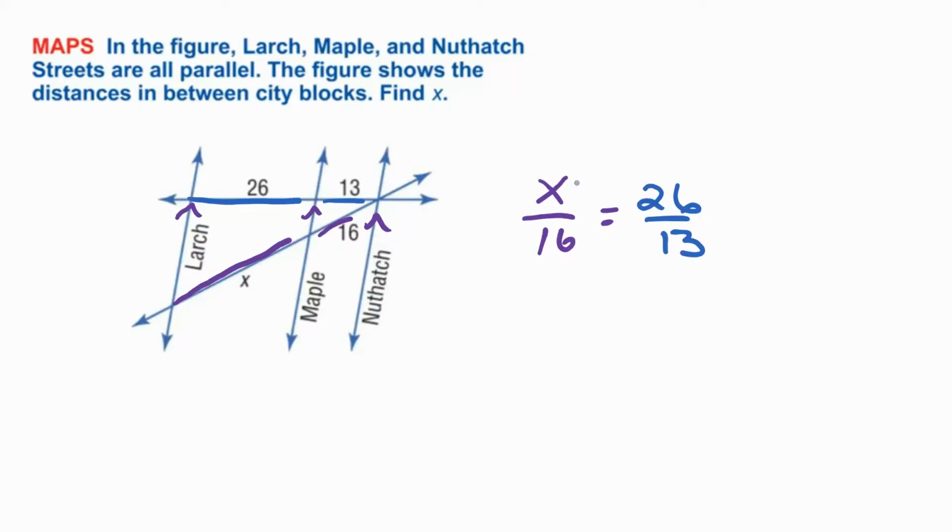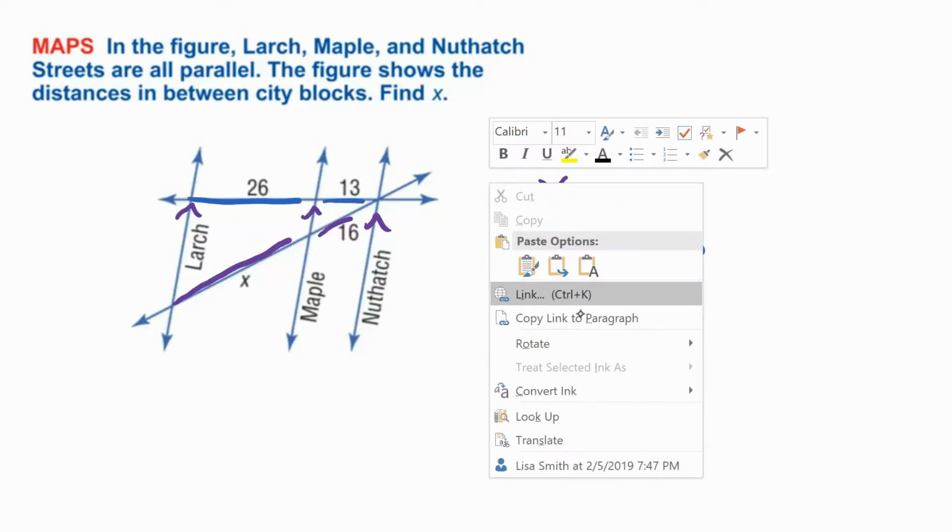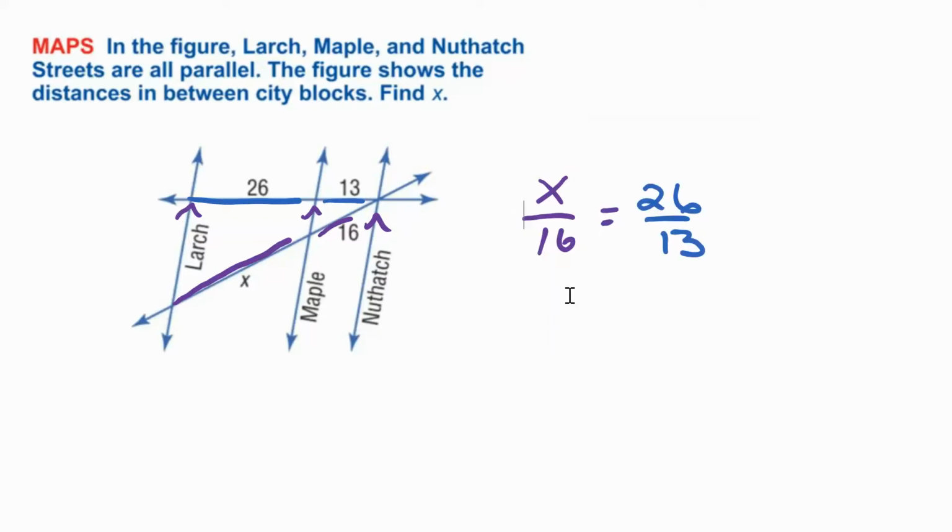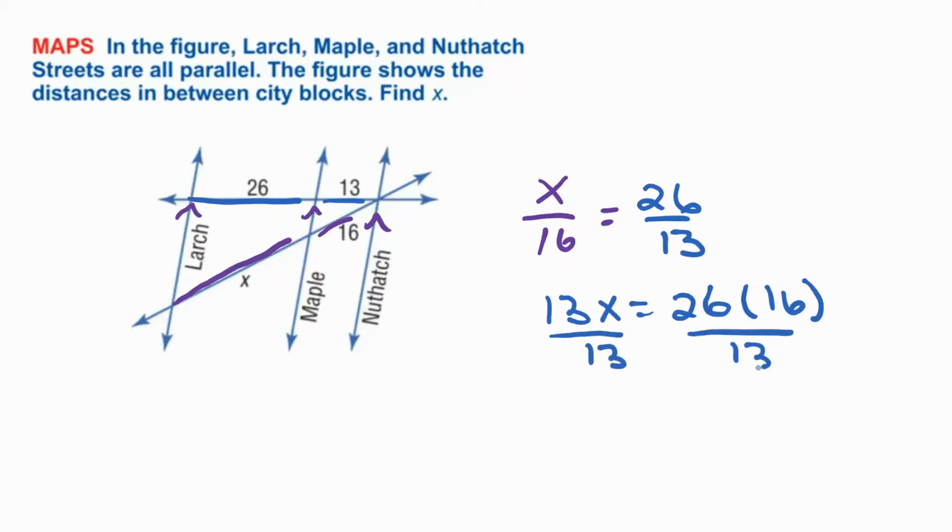We can cross multiply and solve for x. So x would equal 32.